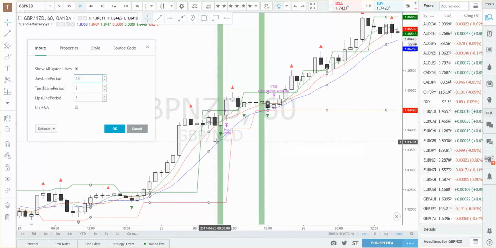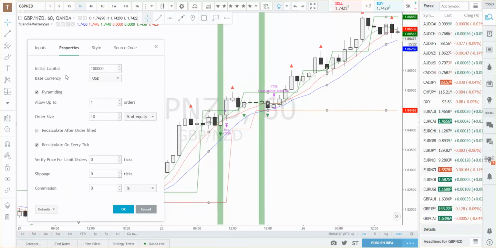You'll see that for some of these pairs, these moving averages may not be ideal because of the volatility of the pair, so you may want to adjust those a little bit, but that's all user preference really. So these are the current input parameters the user can change.